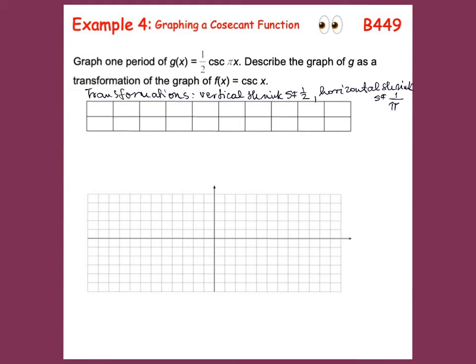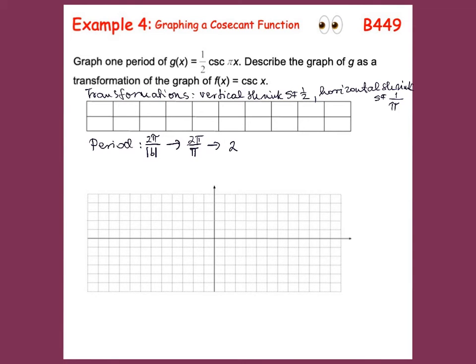So let us also figure out what the period of the graph is going to be. So the period of the graph is going to be 2 pi divided by the absolute value of b. In our case, it's 2 pi divided by pi, so the period is going to be 2.